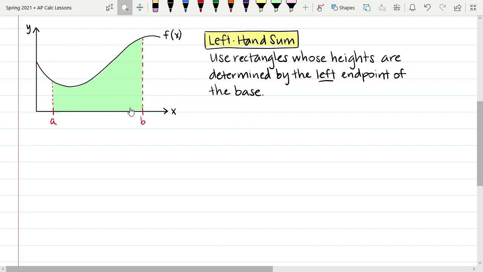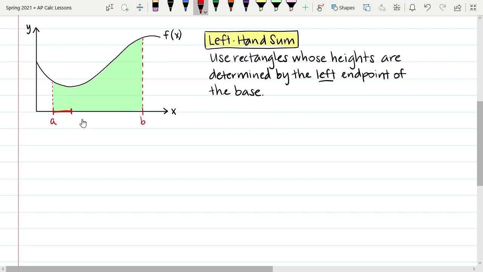Like I said, we are going to try to divide this region into smaller known shapes. With a left-hand sum, we're going to use rectangles whose heights are determined by the left endpoint of the base. Let me show you what I mean. Starting at A, I'm going to make the base of my first rectangle from A to this value right here.